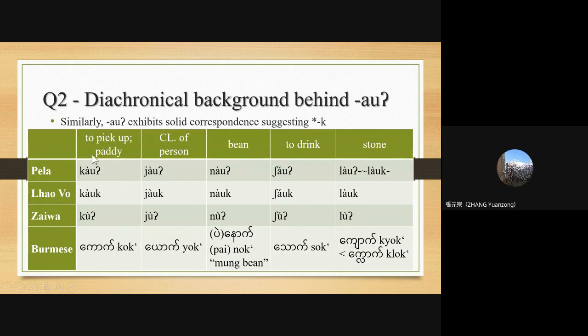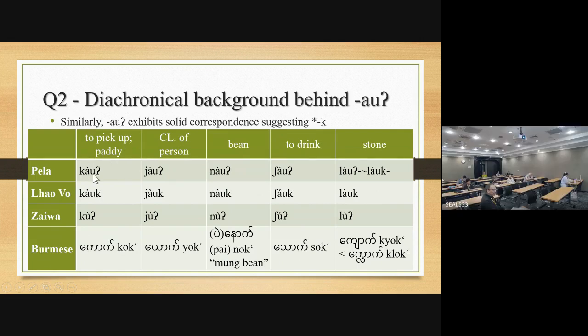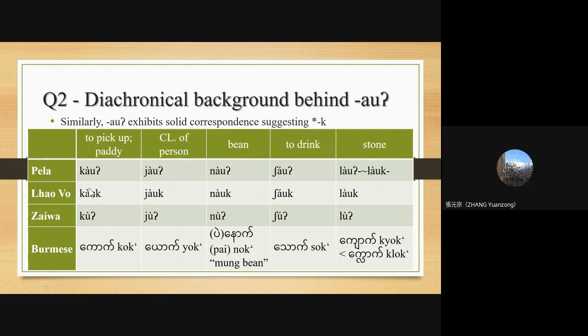For example, the word for paddy is owl in Pela, while it is similar in Dongwo, and is also written as gok in Burmese. So are the words for the classifier of person, the word for to drink, and stone.